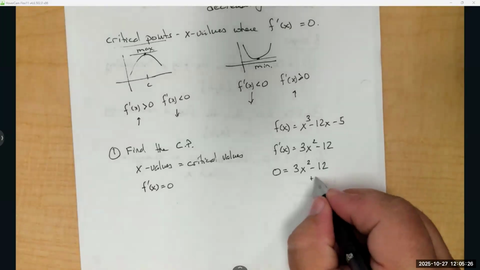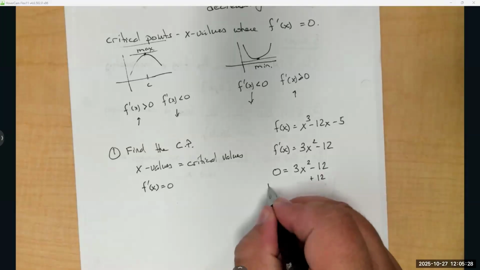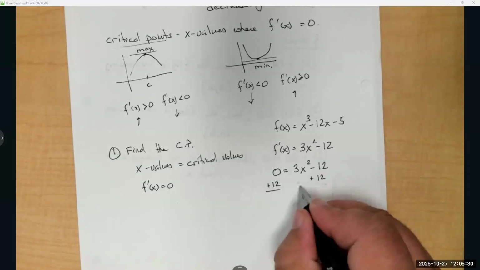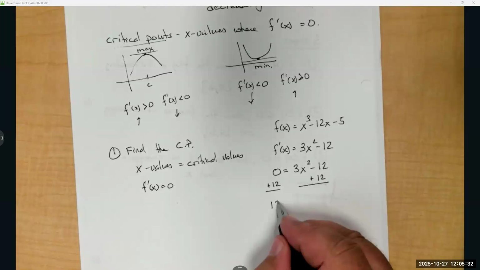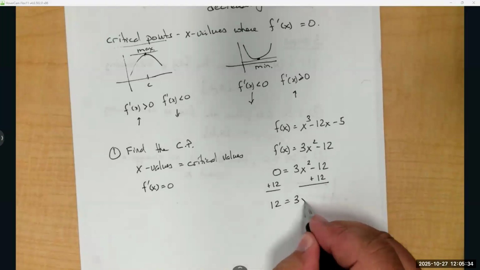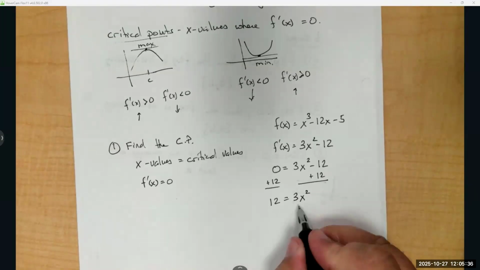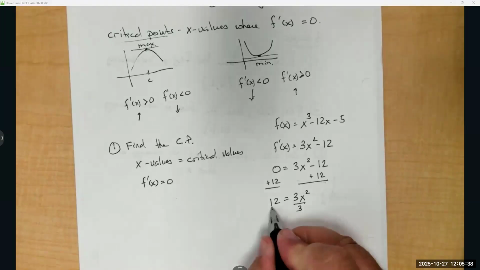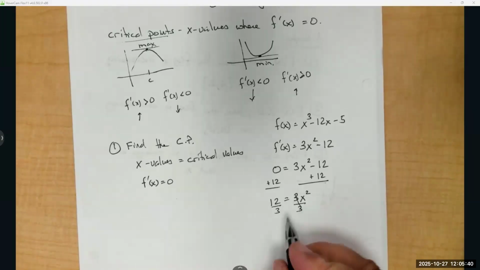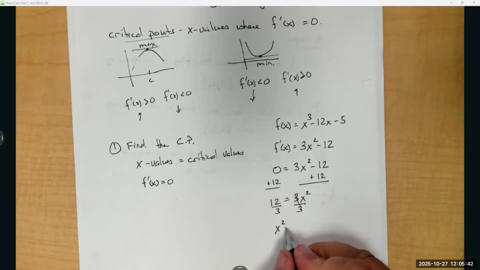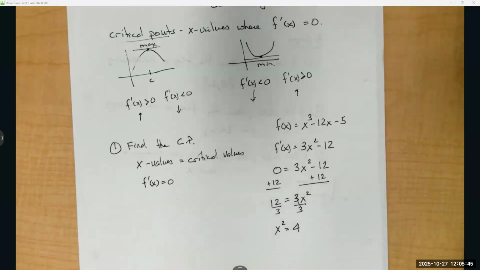Solve for x. Add 12 to both sides first. x squared equals 4.